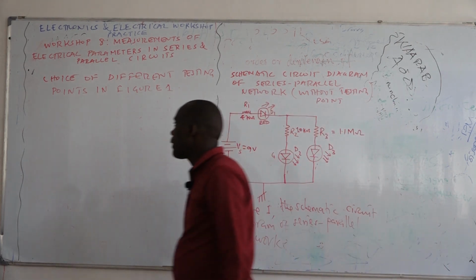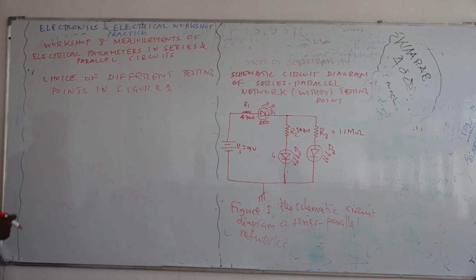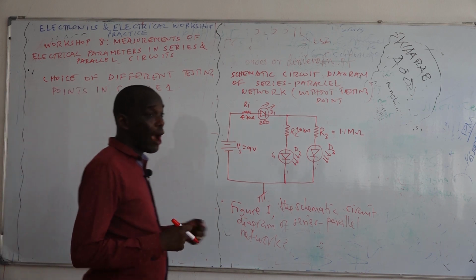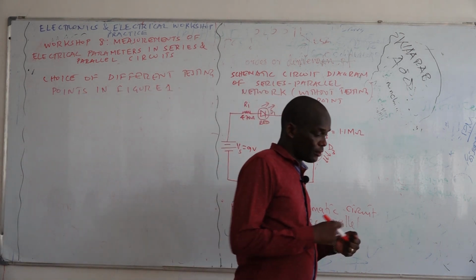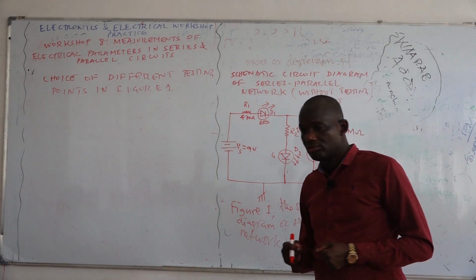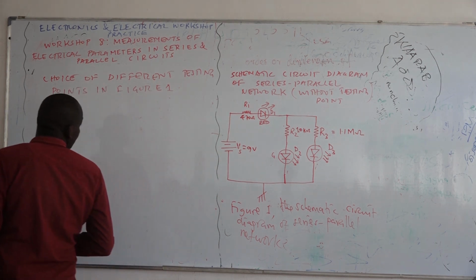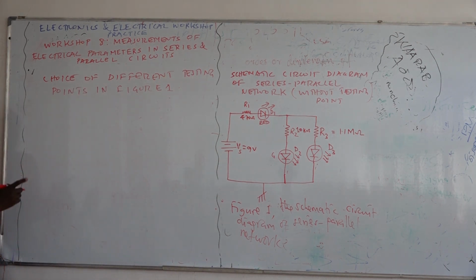So, listen. Remember that most of the measuring instruments that I've told you just have 2 wires or 2 connectors or 2 leads. Right? 2 leads.